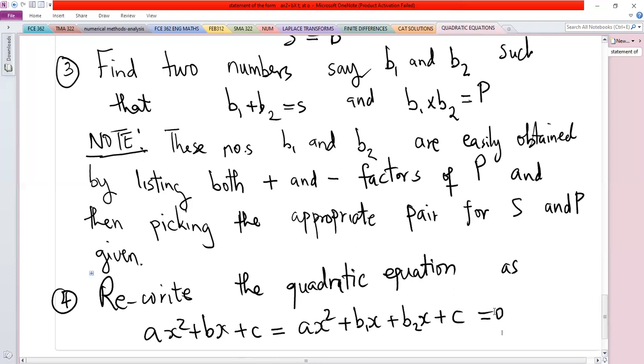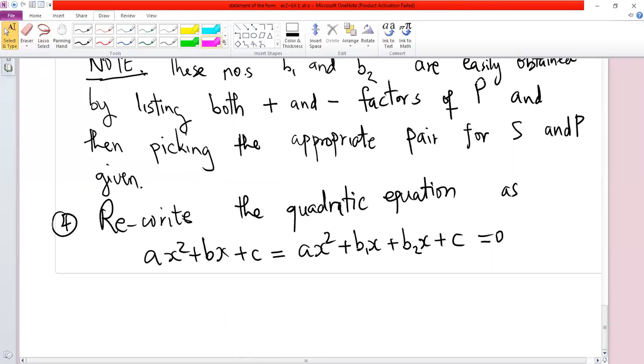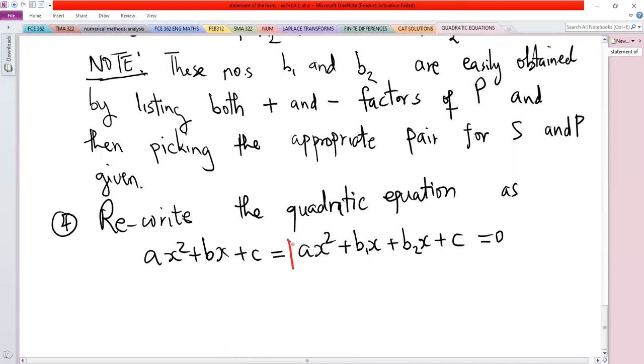So once you have successfully done this, you will be able to pair the first two terms, and then these are the two terms.